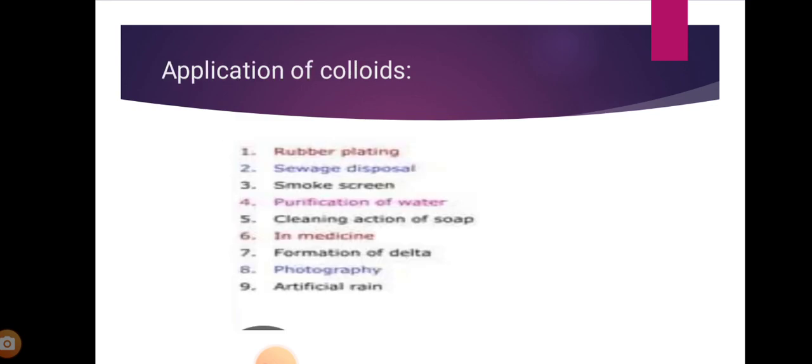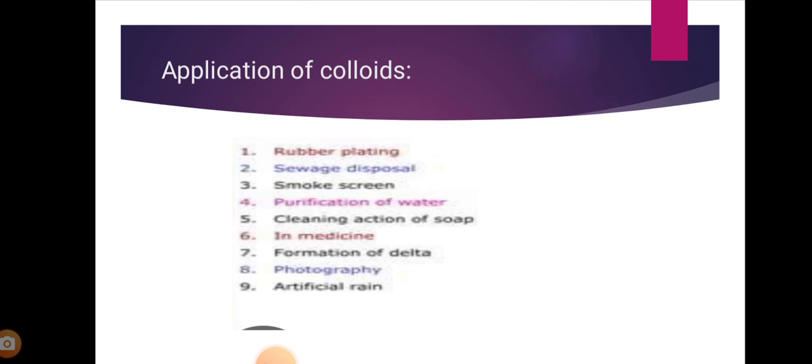Applications of colloids. What are the applications of colloids? Rubber plating, sewage disposal, smoke screen, purification of water, cleaning action of soap, medicine, formation of delta, photography, artificial rain.